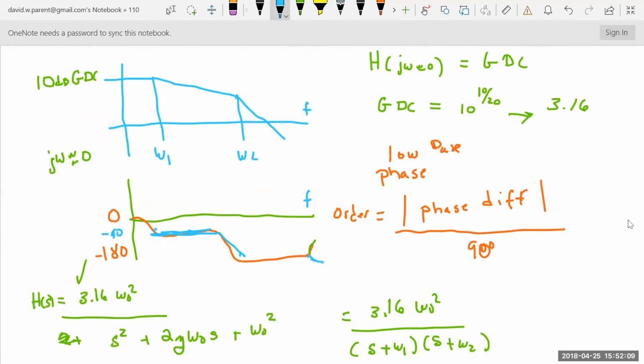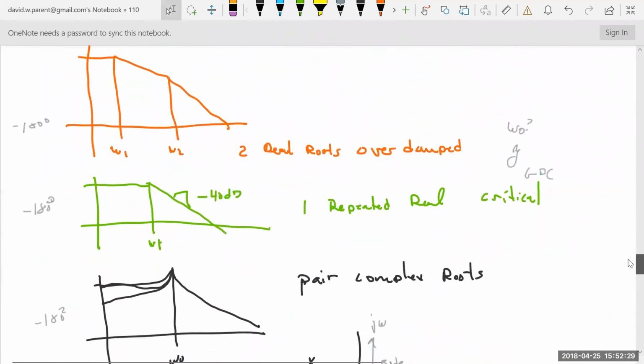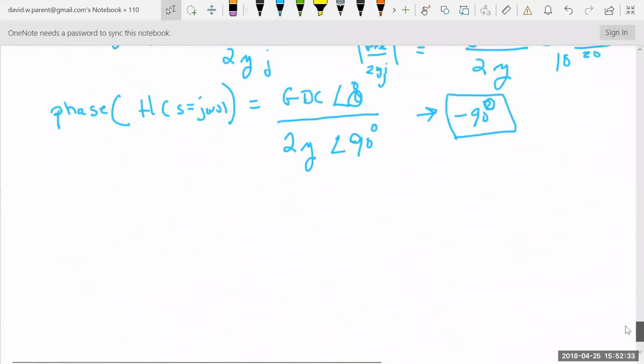It's changing, and you find where it's 90. That becomes omega naught, and that becomes the gain at omega naught, and you'll find that when you calculate it, the damping coefficient will be bigger than 1.